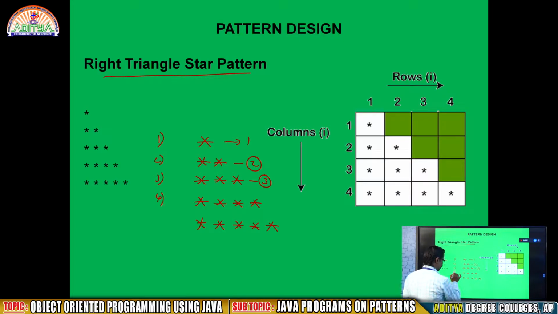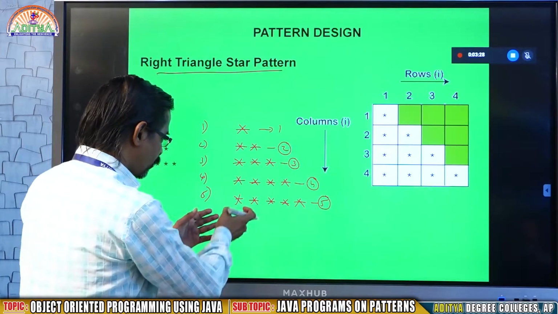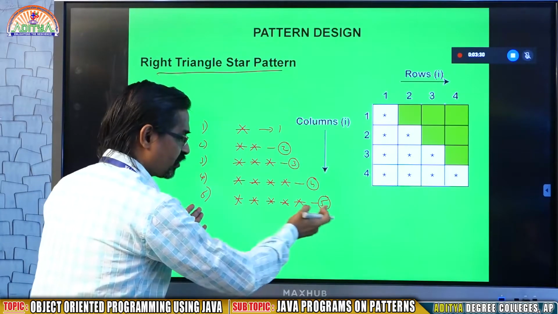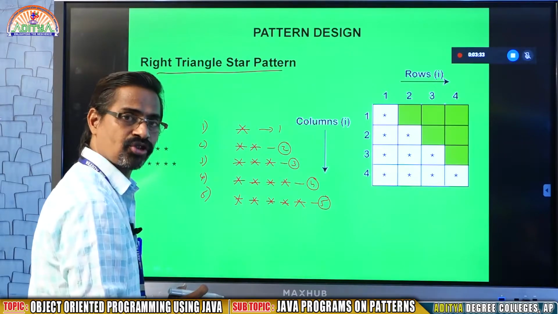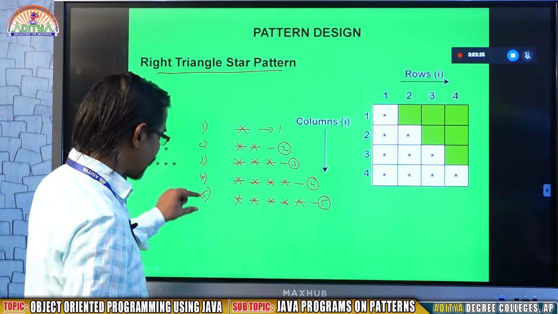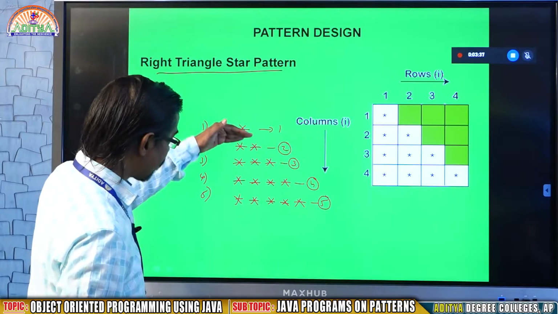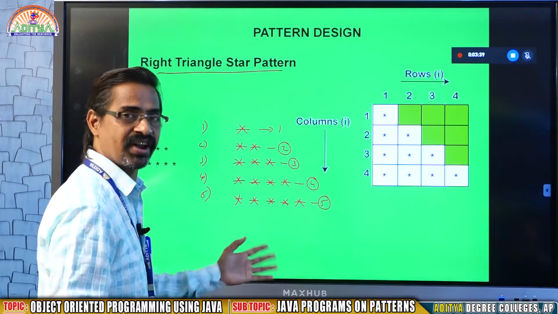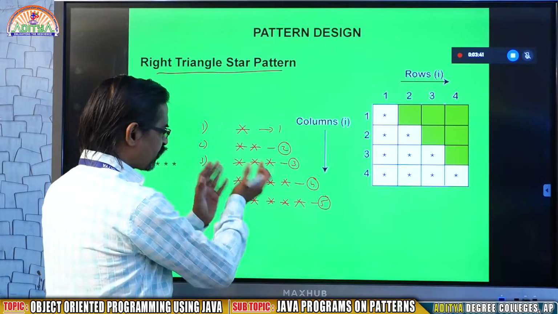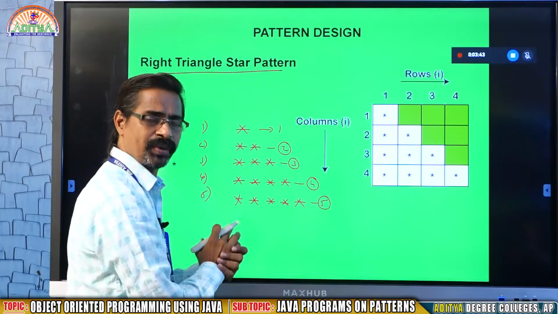In the fourth line, 4 stars. In the fifth, 5 stars. If I give you 10, then 6 lines, 6 stars, 7th line, 7 stars, like this. That means according to the value you give, that number of rows will be generated. So different shapes of triangles will be there.